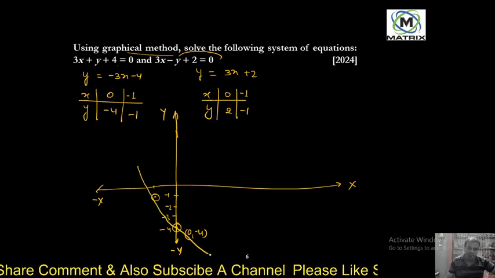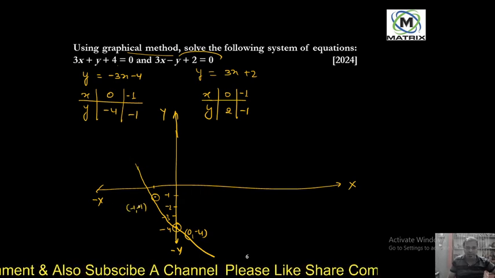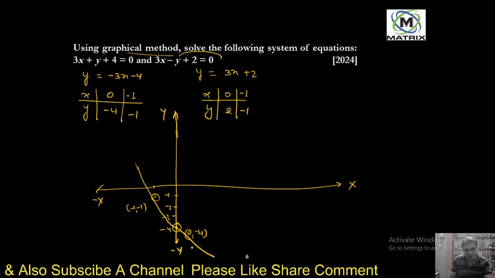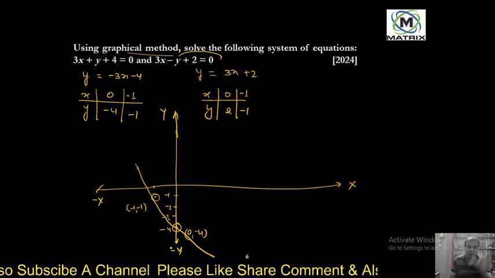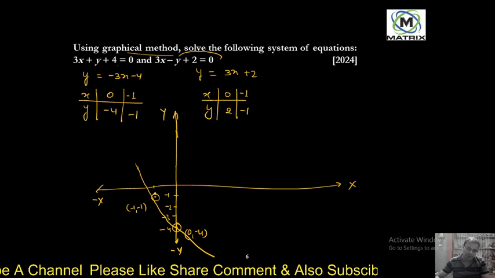So we say that is a straight line. As my hand is somewhat tilted, the line looks somewhat tilted, but it is a straight line. You have to make it with a scale only. Then 0 comma 2: the value of x is 0 and the value of y is 2.